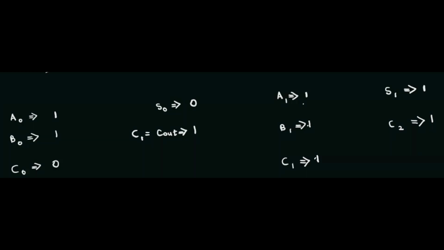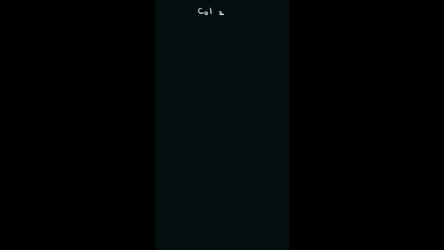That's it. Now, do I need another full adder? No, not really, because I have C2, S1, and S0. C2 is the number that's going to come in front of column 1, which will be column 2, and its output is 1.